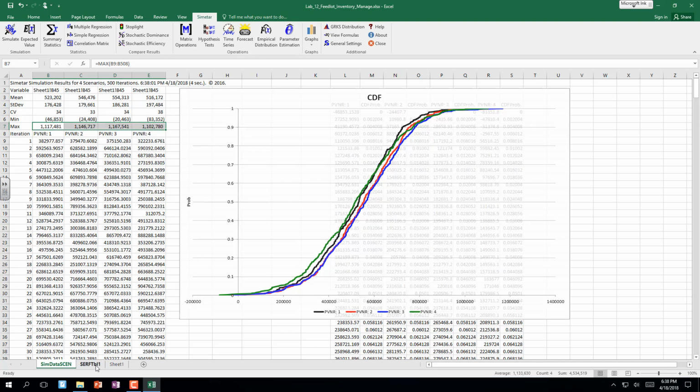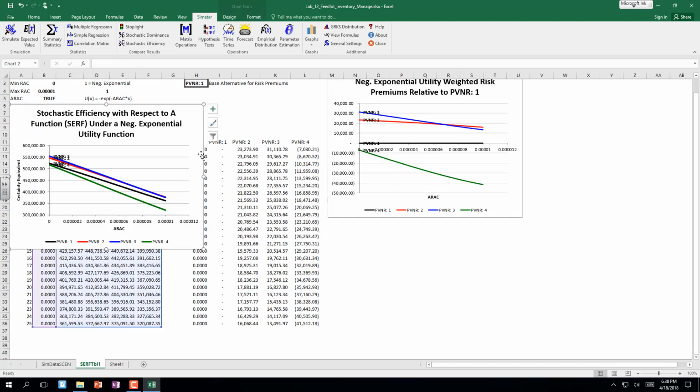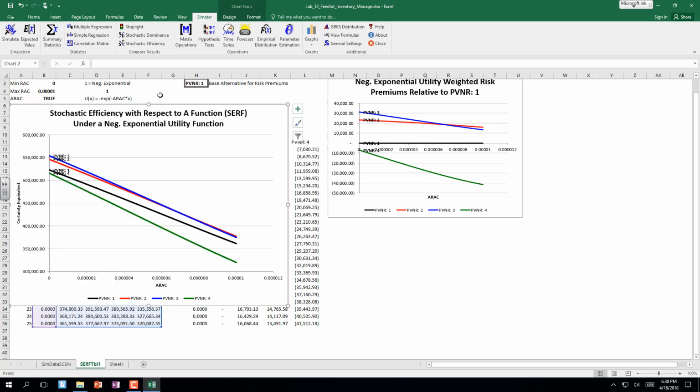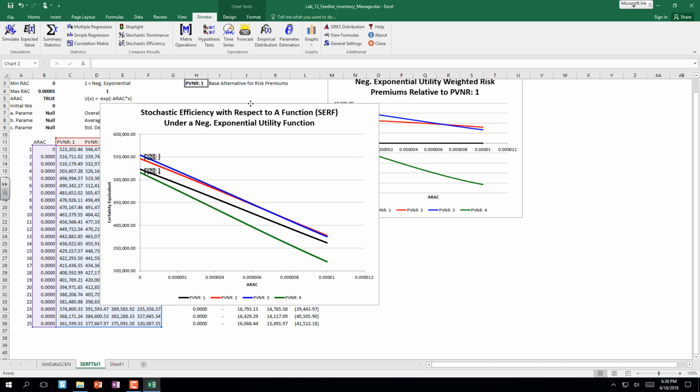And if we look at SERF, you get a ranking. And sure enough, for that extremely risk-averse person, you get a switch. These lines cross. Okay? So somewhere between the number of acres for 2 and for 3, you get a cross.